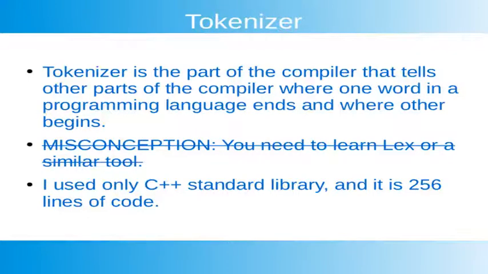There's a common misconception that you need to learn to use LEX or similar tools to write tokenizers. While they may come in useful for making compilers for already existing languages for which you have LEX source codes, in my opinion, they aren't worth learning if you are going to write one or two compilers in your lifetime.